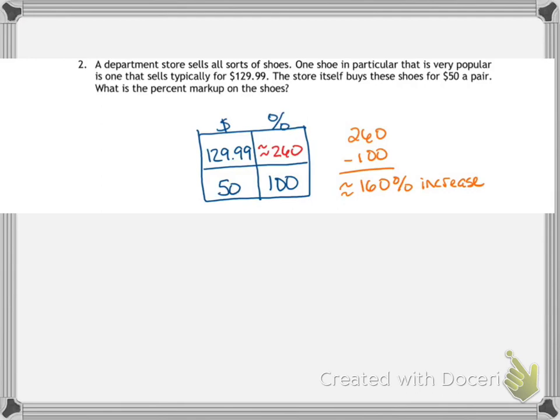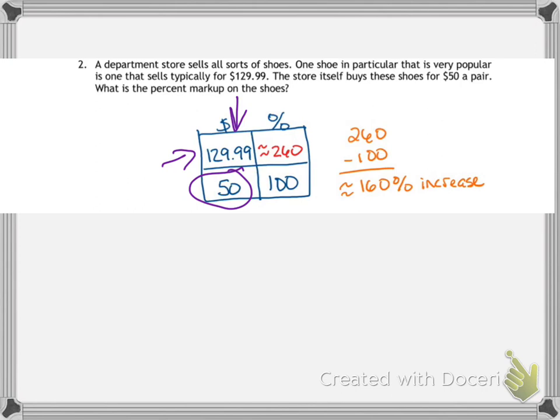Okay, let's look at this question in our box. The store price, or what the store paid for the shoes, is $50. That goes here. And the price that the store is selling them for is $129.99. Because this is money, it goes in this column. And I multiply $129.99 times 100 divided by 50, and I get about $260.